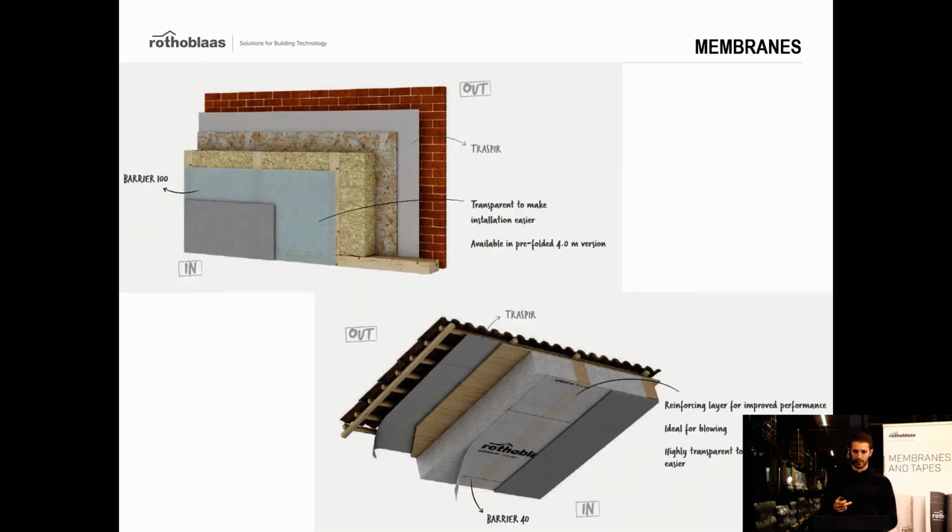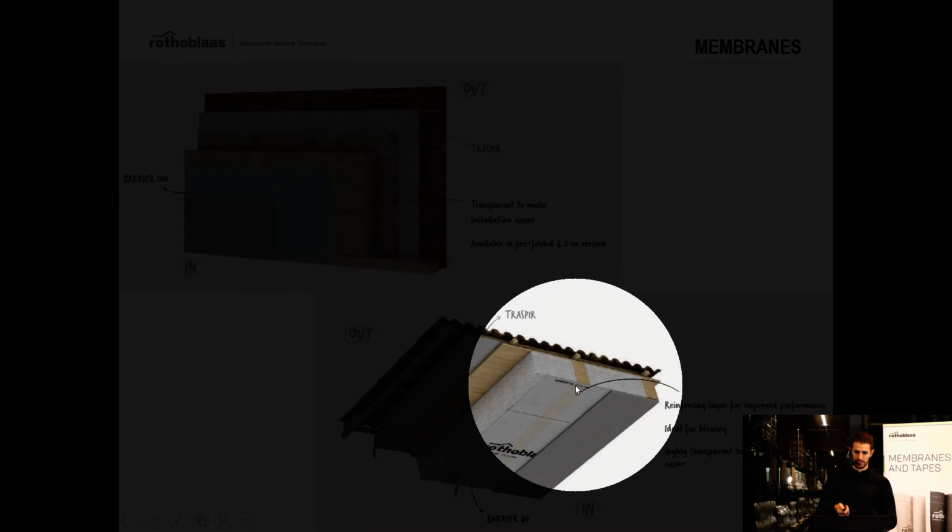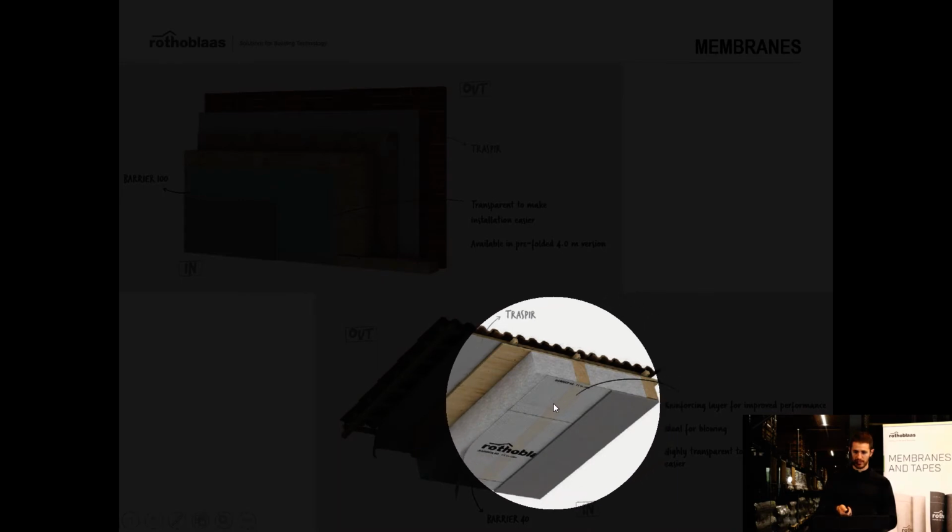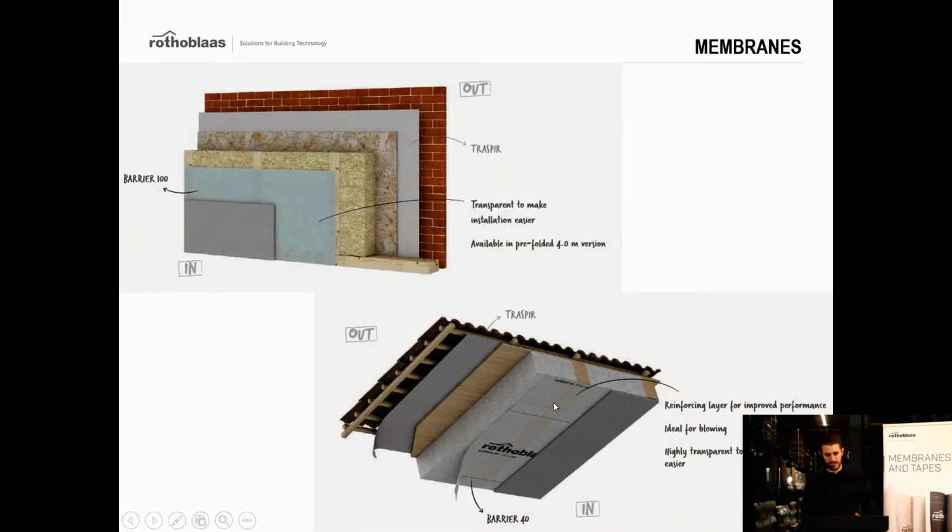Let's see where we have to place it in the build-up, and I will show you immediately. So that's where you have to place it: on the warm side of the construction, of course, because you need to prevent the vapor from getting into your floor or your wall or your roof, for instance.